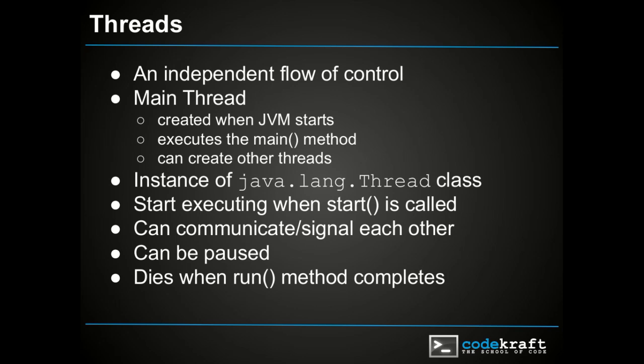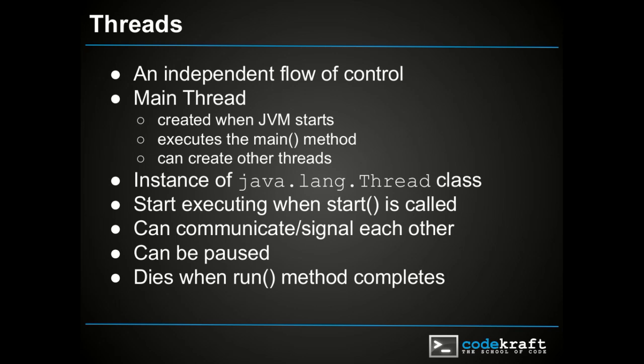Whenever a main thread creates another thread, it can then start that thread, and once that thread gets started, that's an independent flow of control that your program has. Now you have the main flow of control which was being executed by the main thread, and then you have an independent flow of control which is being executed by another thread.